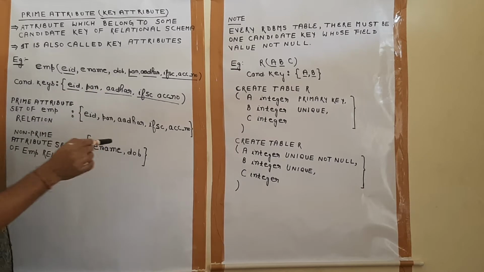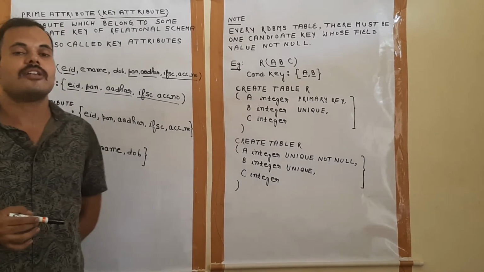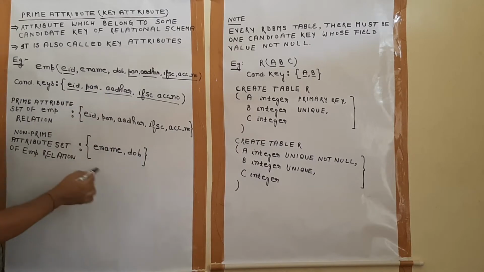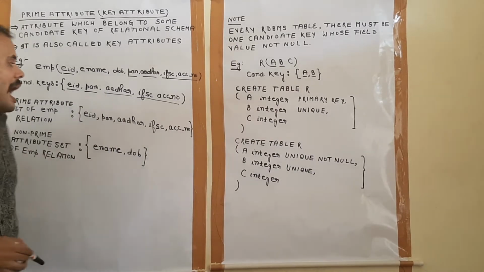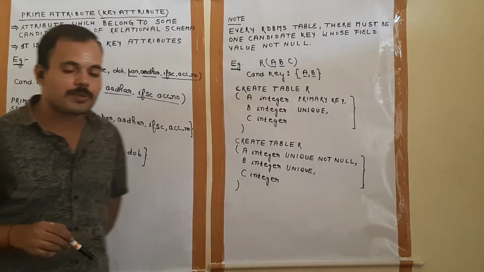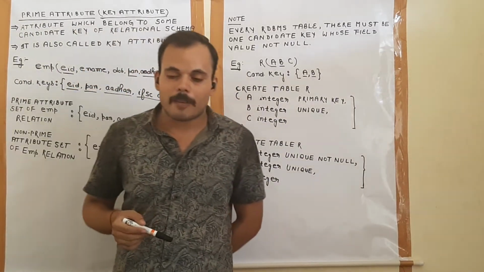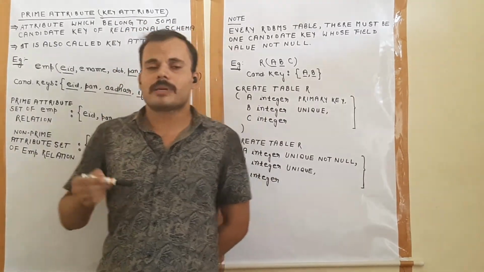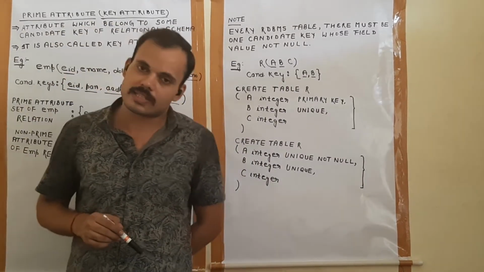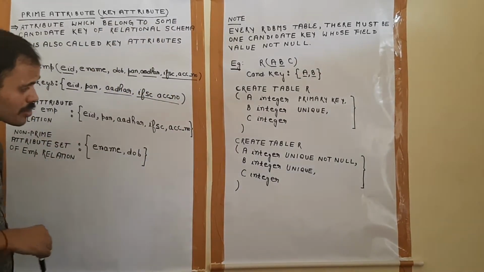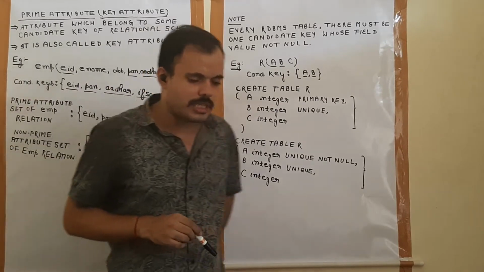E-name and DOB are not candidate keys, so these are the non-prime attribute set, and the others are the prime attribute set. Prime attribute set means attributes which belong to some candidate key of the relational schema, relation or table. Understood?